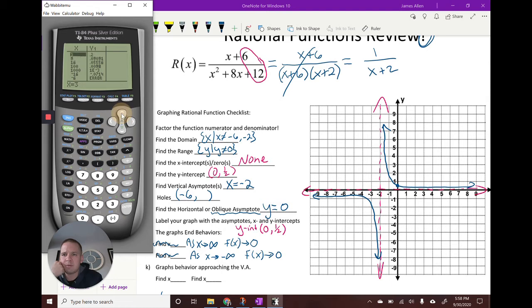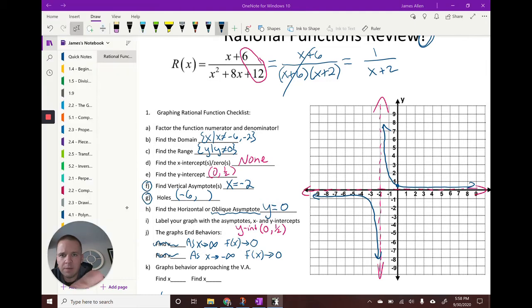So what if I were to plug in some numbers around negative 6 that are really close to it, and see what happens as I get closer and closer. So how about this? I'm going to go with negative 5.9. Okay. So right now I forgot to actually notate my hole in the graph in the first place. There should be a hole right there. So I'm on this side right here, right?